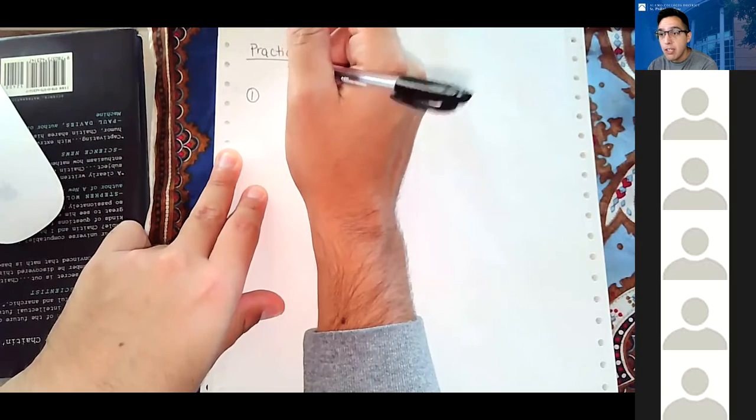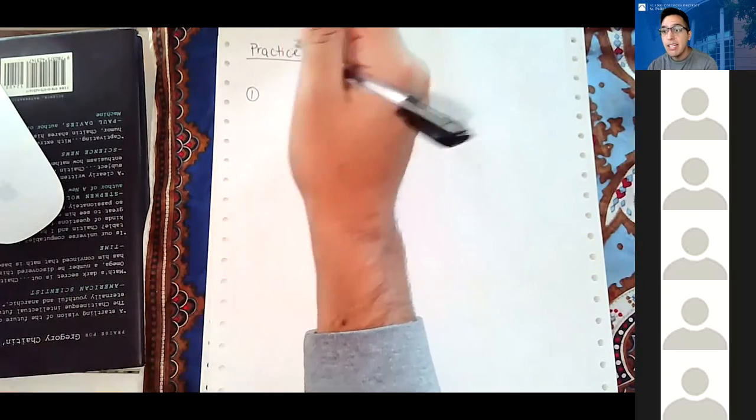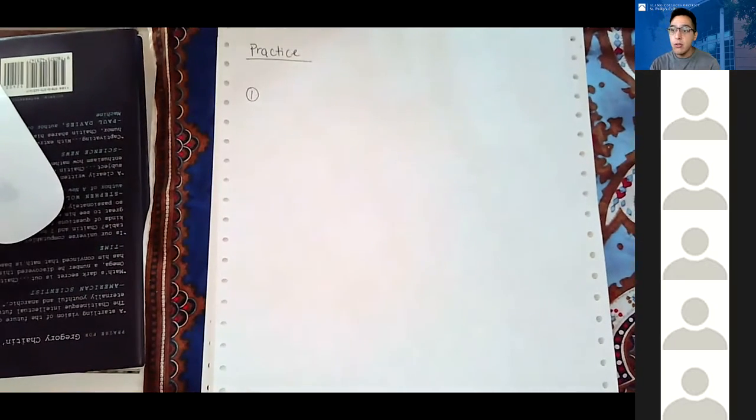Like 24 is not prime because you can write it as 1 times 24 or 2 times 12 or 3 times 6. No, 3 times 8, 6 times 4. See, I had multiple pairs of factors that multiply to make 24. So that's how I know it's composite, as opposed to 3, which can only be broken down into 3 times 1. So 3 is prime.